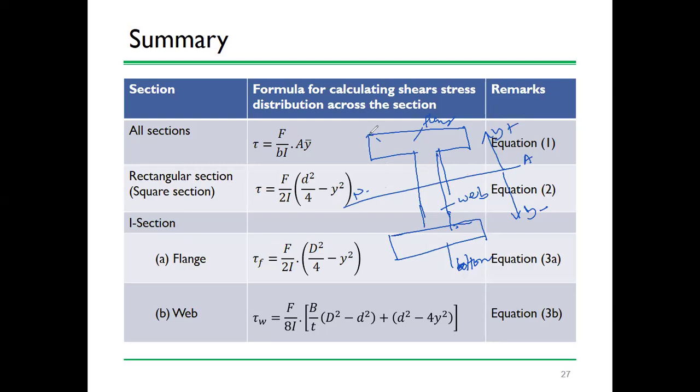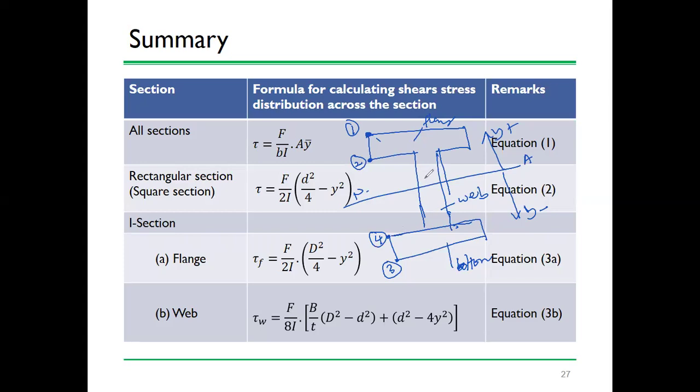So the points of interest, the topmost part of the flange, number one. And then another point of interest is here, 2. That's for the flange. And then you have to also calculate here, 3 and 4. But if it is symmetrical, note that these answers will be the same.